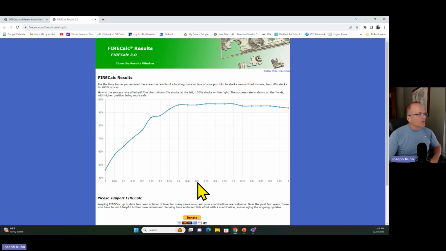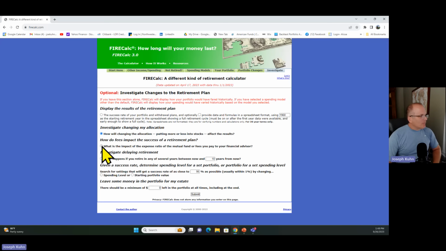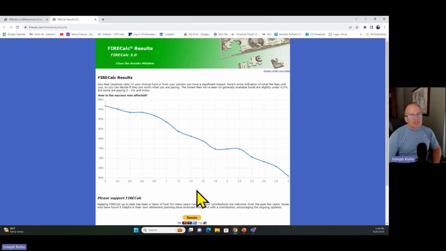So you can play around with that. Another thing I like using: what is the impact of expense ratio? This is super cool. This is how I found this site. What's the impact of expenses? If you pay a financial advisor, for example, 1%, this is 1% down here, and then you have managed funds where you're paying another 0.6%, so your fees are 1.6%.